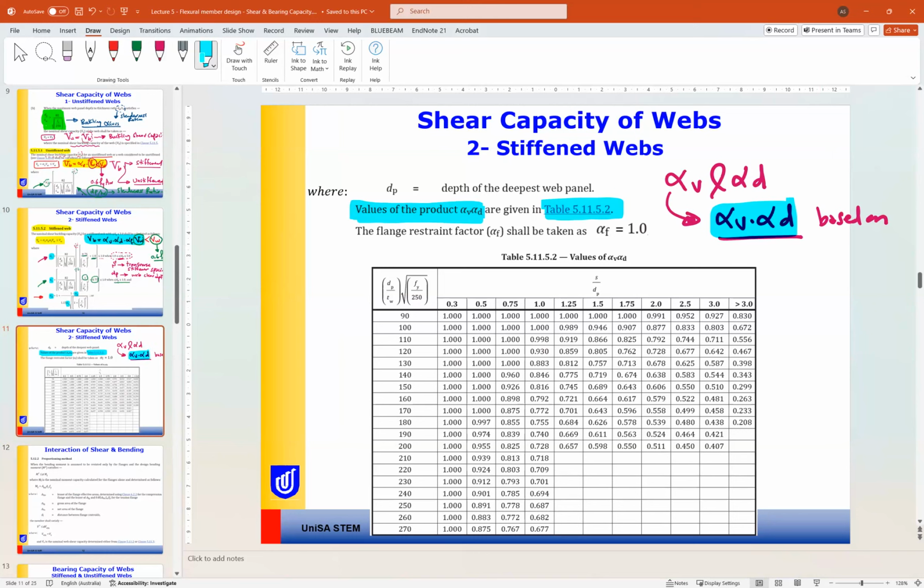We need to find this ratio, the slenderness limit. So if you know the slenderness limit, for example, it is 160, and you know the value of S over dB, we have this one here.